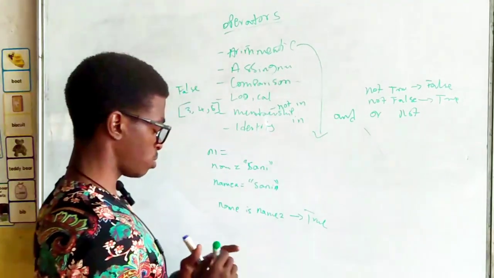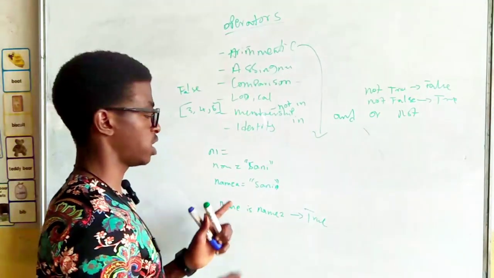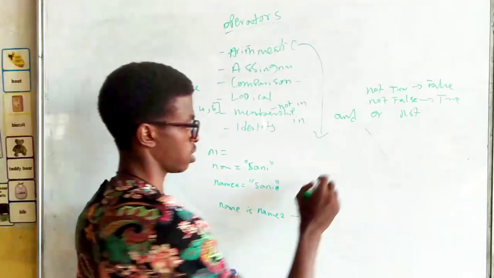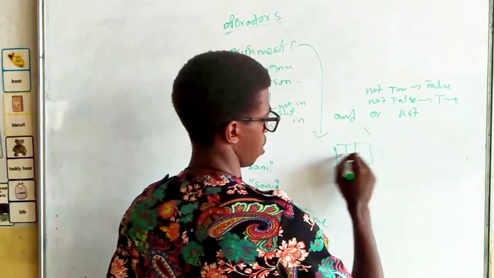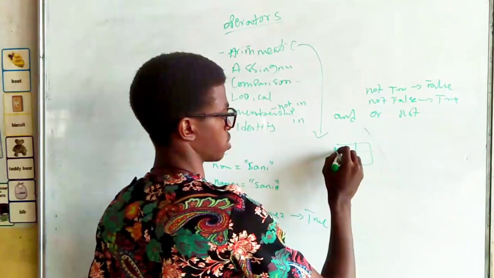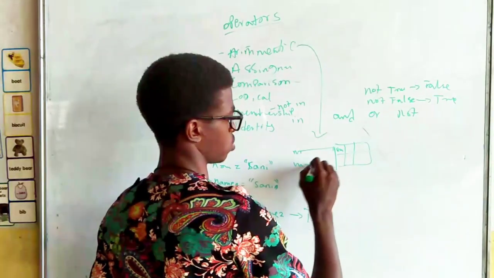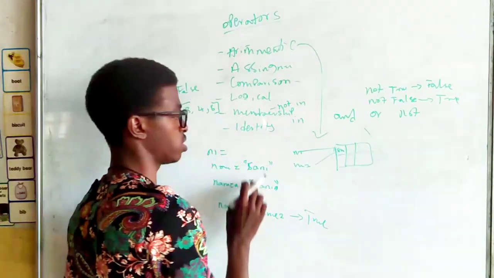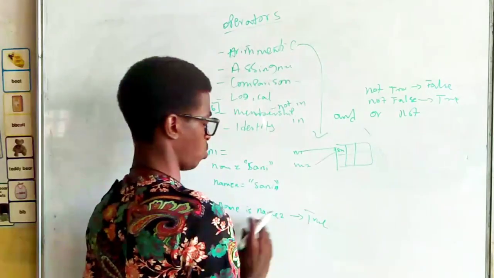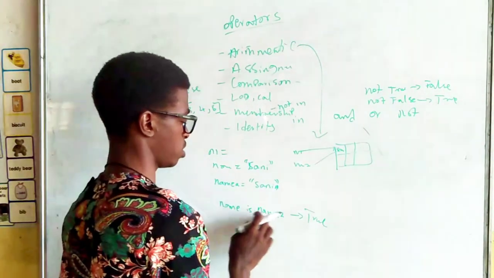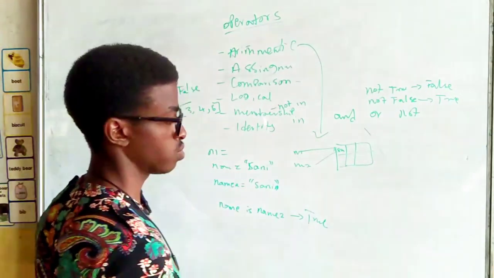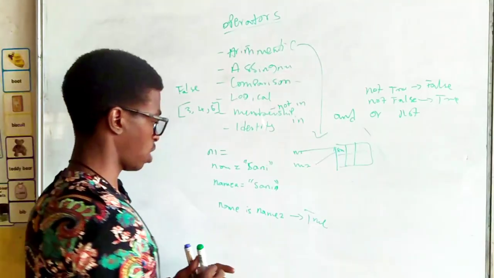The reason it's going to be true is that they are both looking at the same memory location. For example, this is my memory, and this is where I put Sani. So name1 is looking at this, name2 is also looking at this because they both have the same value. Then when you check name is name2, you're going to see true. So this is how it works.